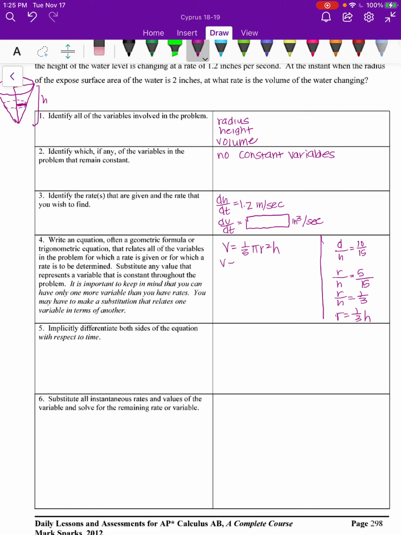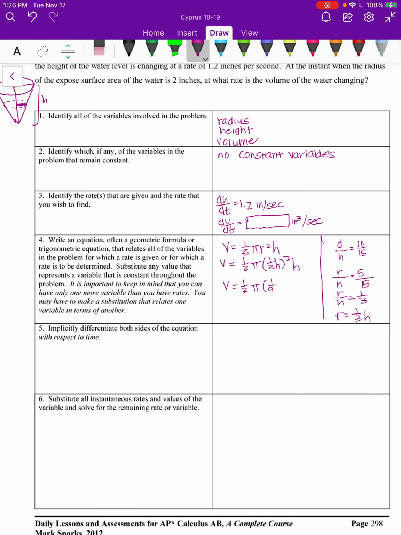I'm going to plug that in for r in my volume equation. So really this is volume equals 1/3 pi, and instead of r, I'm going to put (1/3 h) squared times h. Now I don't have r in my equation at all. I'm not going to end up with dr/dt when I take the derivative. Let's clean this up a little bit.